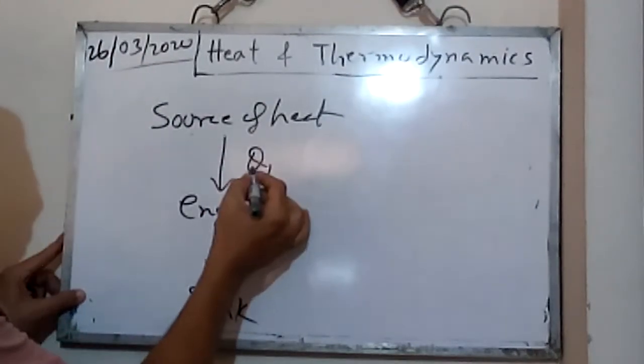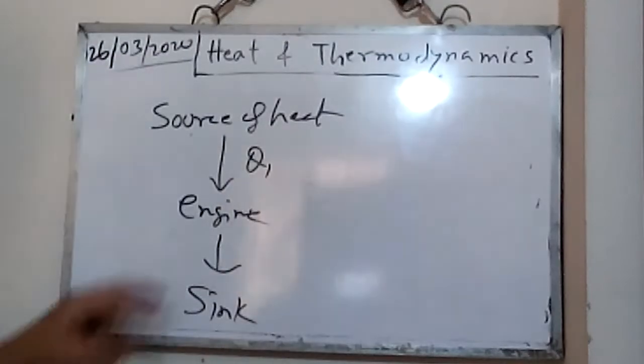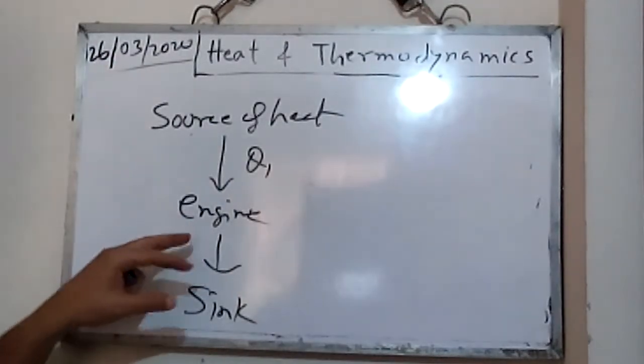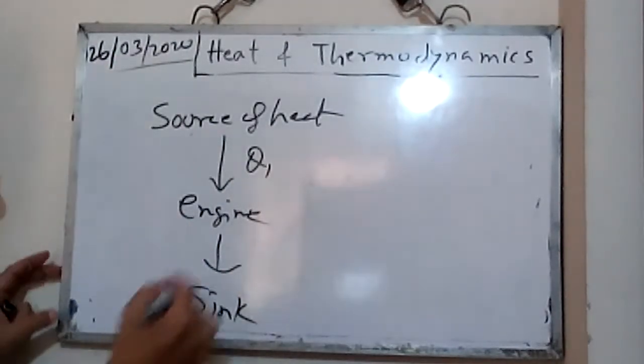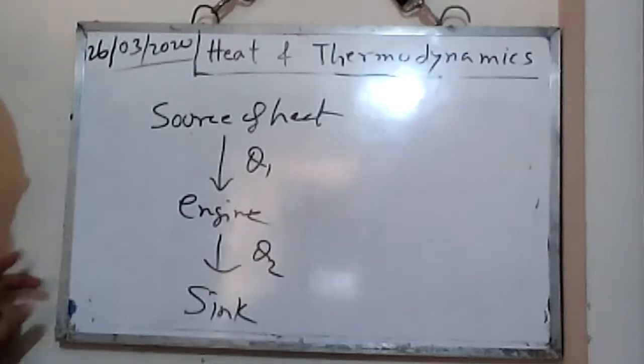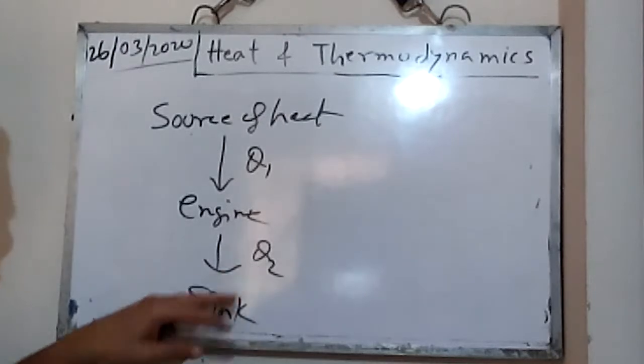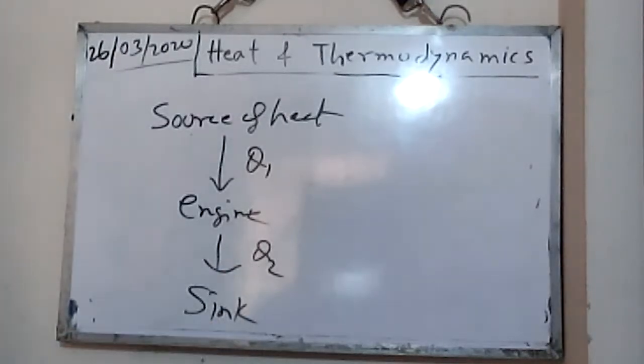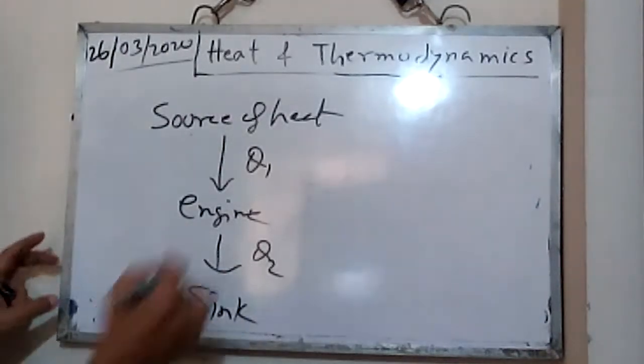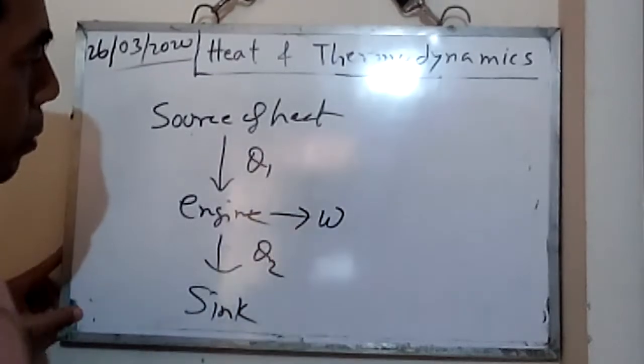Q1 is the amount of heat energy absorbed by the engine for working, and Q2 is the heat energy that is wasted and goes to the sink, and the work done is W.